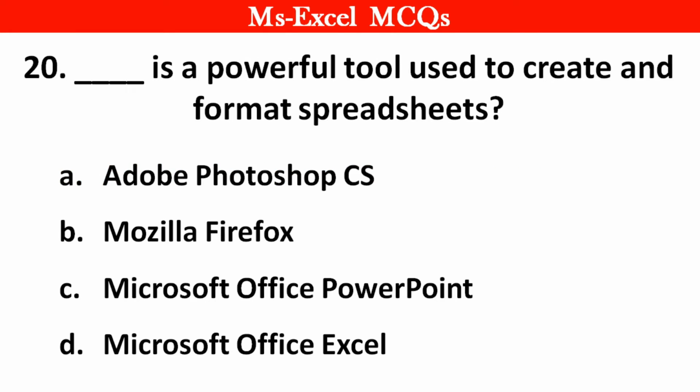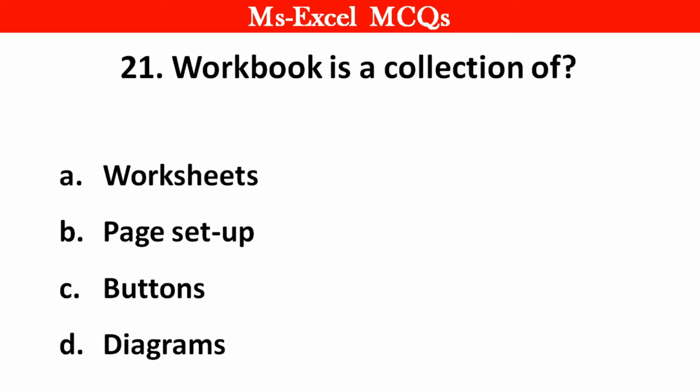Next question. Dash is a powerful tool used to create and format spreadsheets. Options: A, Adobe Photoshop CS; B, Mozilla Firefox; C, Microsoft Office PowerPoint; D, Microsoft Office Excel. Right answer is option D, Microsoft Office Excel. Next question.